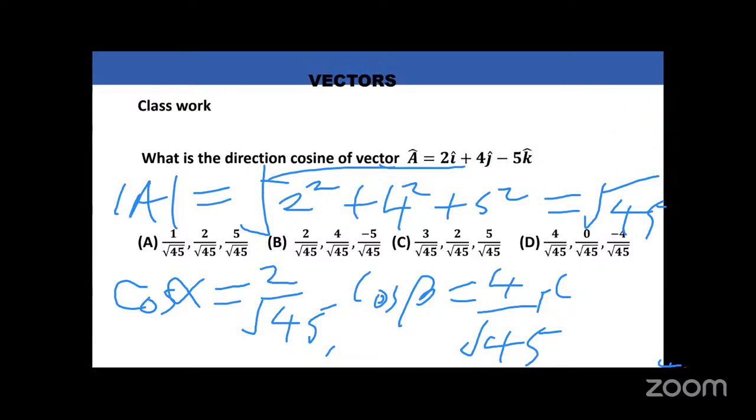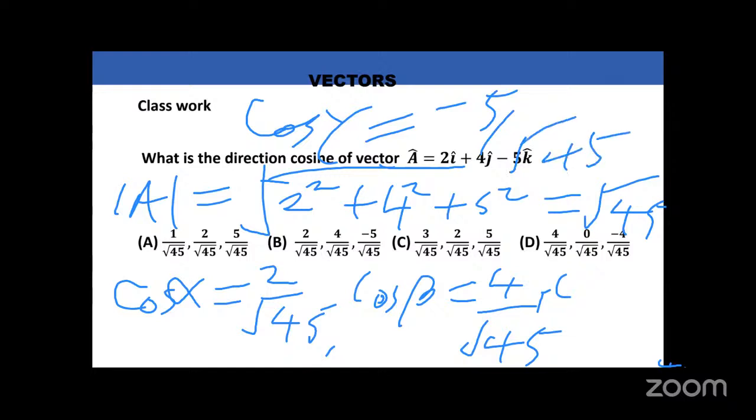So cos gamma will be minus 5 over root 45. If you come back to these options, we have first 2 over root 45, second 4 over root 45, and third minus 5 over root 45. So the answer is B. B is the correct answer.